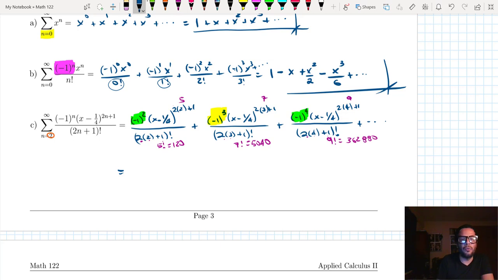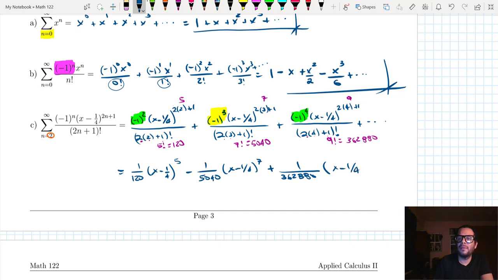these few terms, 1 over 120, (x - 1/4) raised to the 5th power, minus 1 over 5,040, (x - 1/4) to the 7th, plus 1 over 362,880 times (x - 1/4) to the 9th power plus dot dot dot.